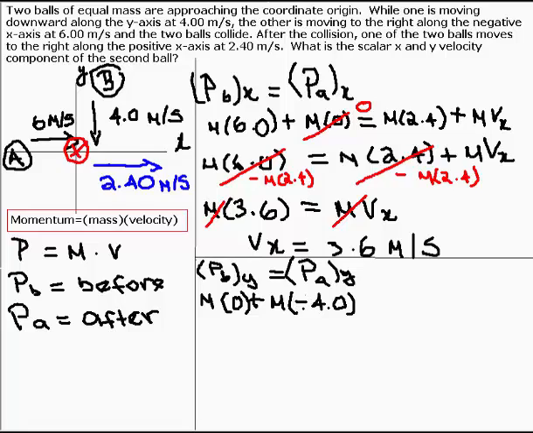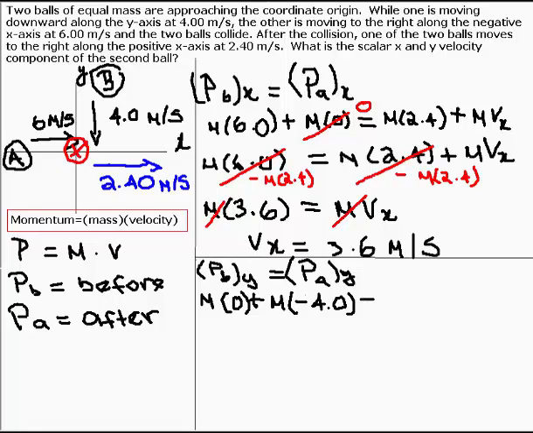Now, a side note here, I'm using negative, and you may ask, well, the original question says that it's moving 4 meters per second. However, bear in mind, this is the tricky part, it's moving downwards, and therefore the negative sign beside the 4 reflects that it is moving in a downwards direction. So be very careful here.